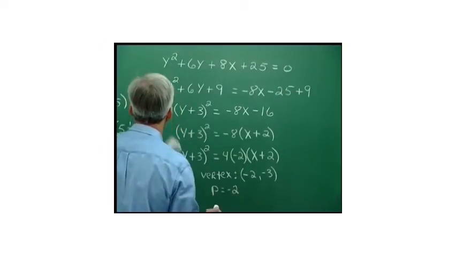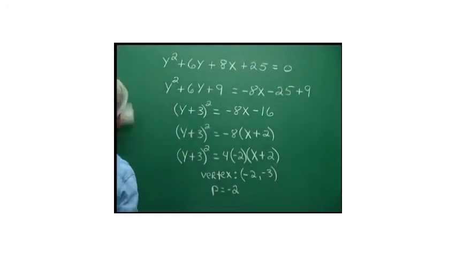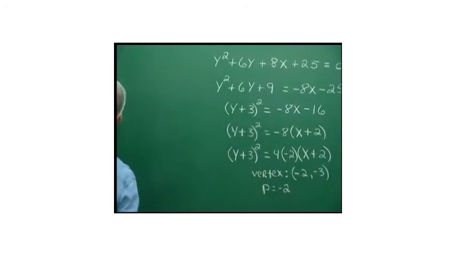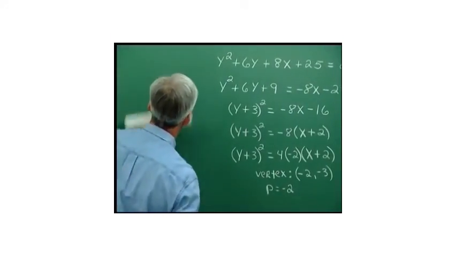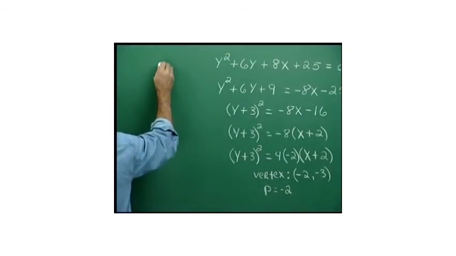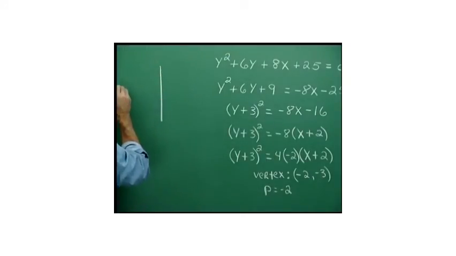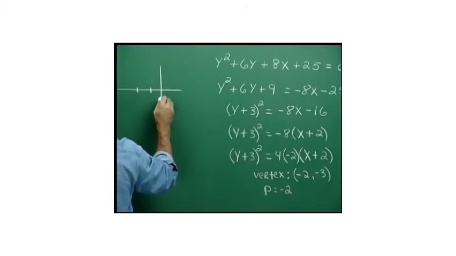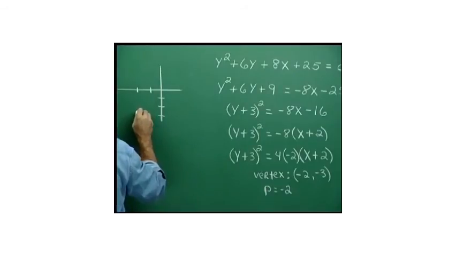Now let's sketch the graph. Let's come back this way. Let's see, the vertex is at -2, -3. Here.